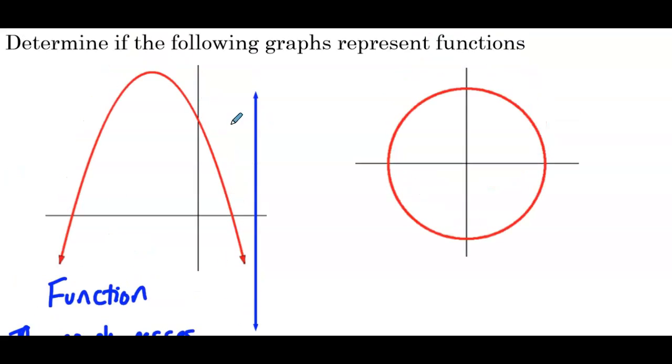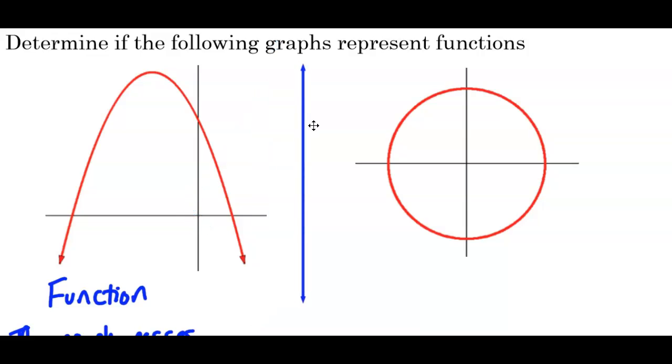Now, at home, you probably don't have this ability to drag a vertical line across your graph, so what you're going to do is draw in a few vertical lines. Okay, and as you draw them in, you're looking to see how many points of intersection there are. So taking my same vertical line to our next relation, here I only have one point of intersection, but then right here we notice that there's 2 points of intersection with the vertical line.